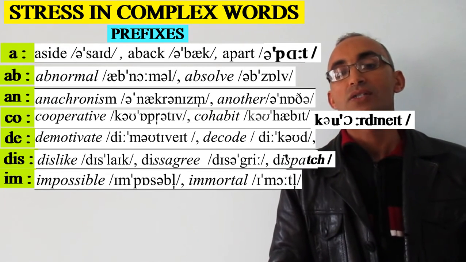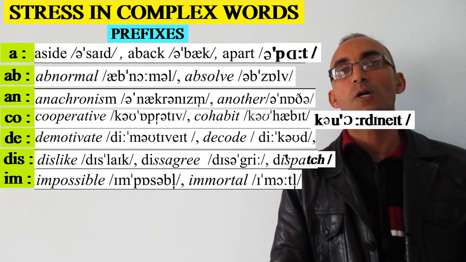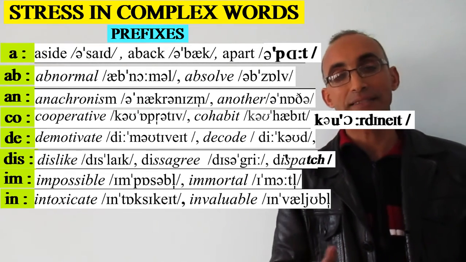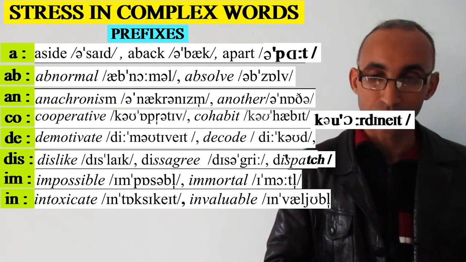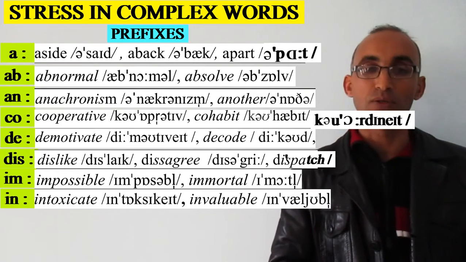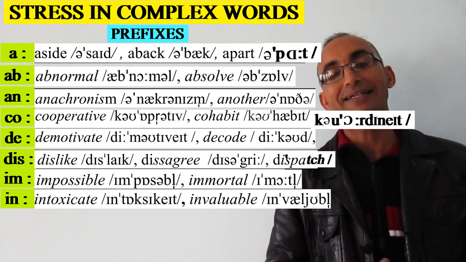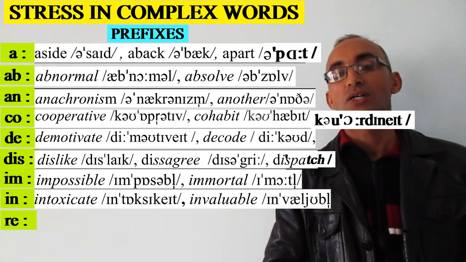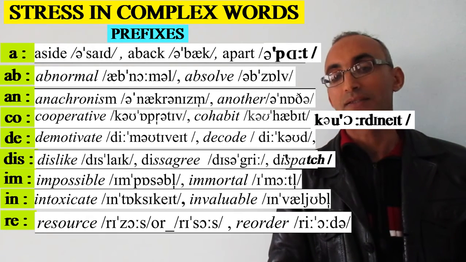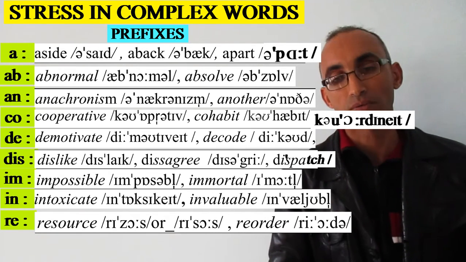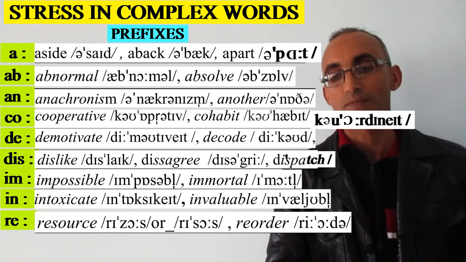Also, we have the prefix in, like intoxicate. In is neutral, and tox is stressed. Invaluable, in is neutral, val is stressed. Also, I have re, like resource. So re here is also neutral, and source is stressed.